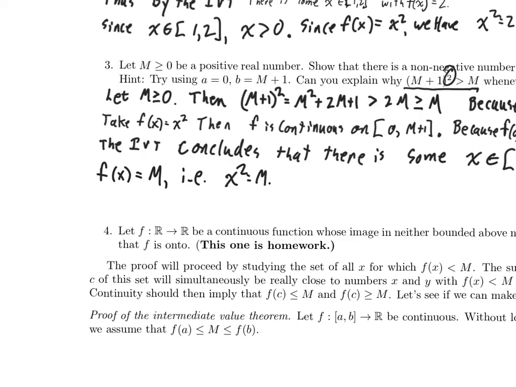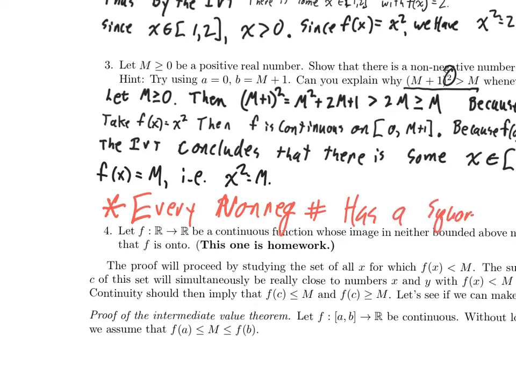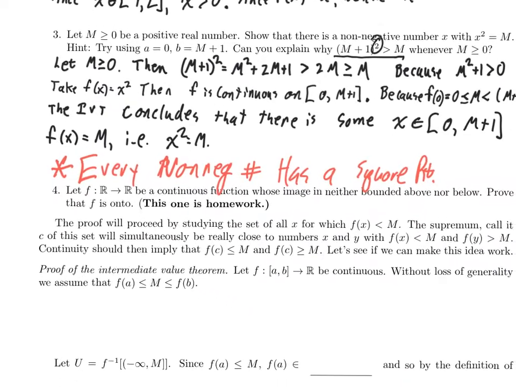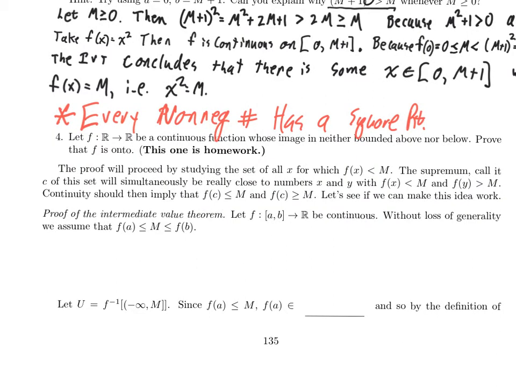So what did we just do? So let's just summarize this again. We just showed that every non-negative number has a square root, which is nice. So here's something that you'll do in homework, though there will be some discussion of it at the end of this note packet.